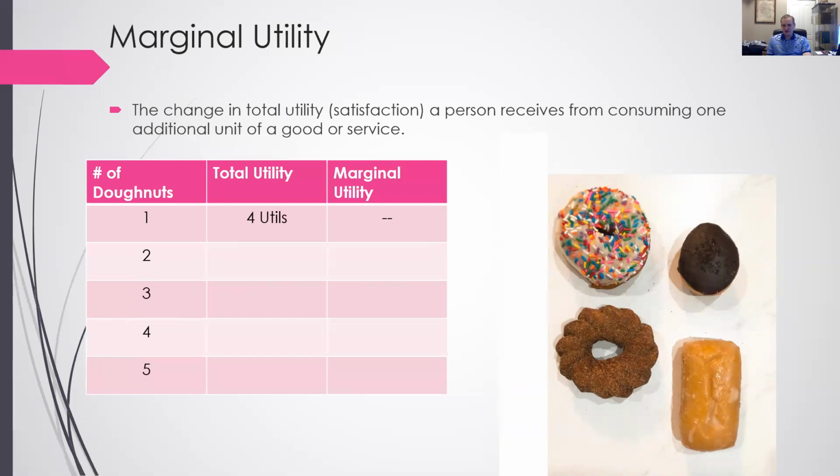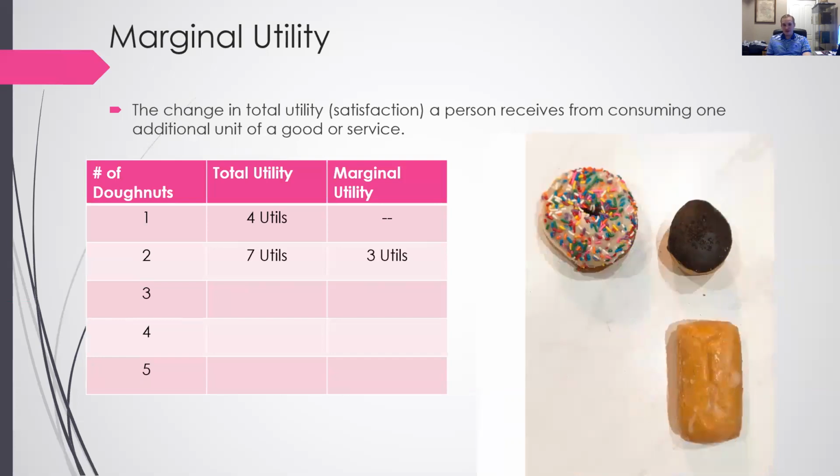So I'm feeling really good about this, really satisfied with that first donut. I think I might be even more satisfied if I were to eat that second donut. So let's go ahead and do that. I've consumed that second donut, and you'll see that my total utility has gone from 4 utils up to 7, and my marginal utility is now 3.